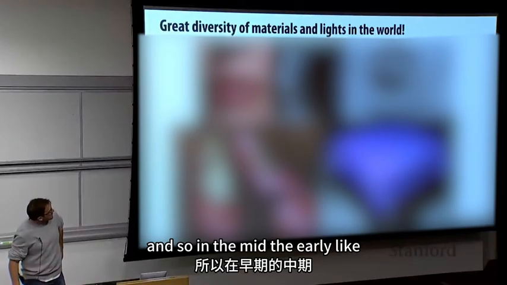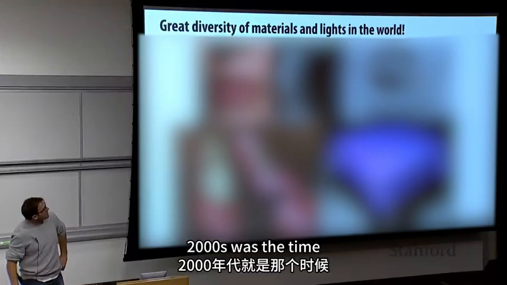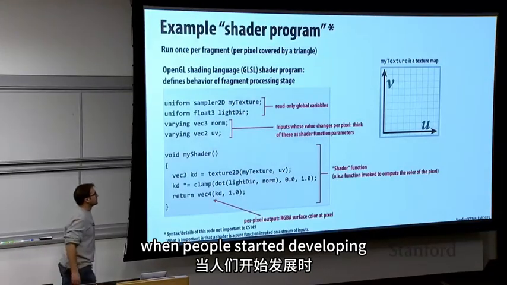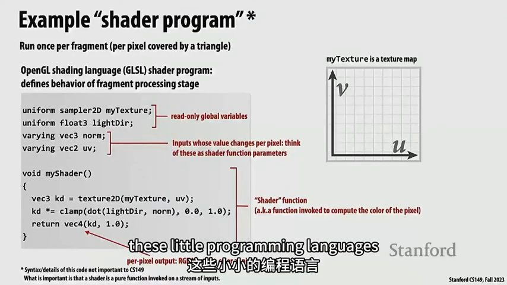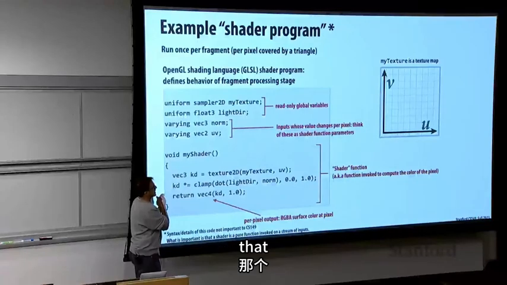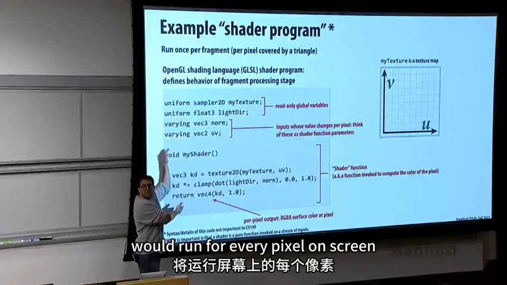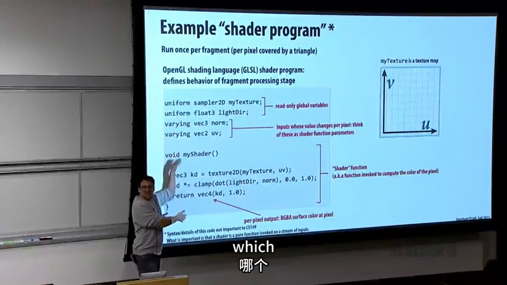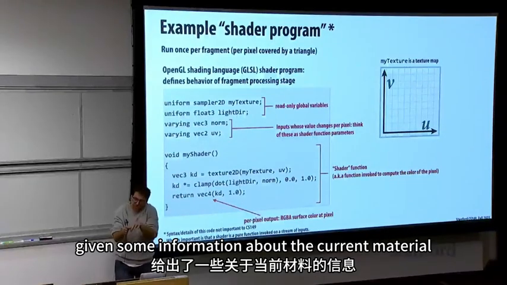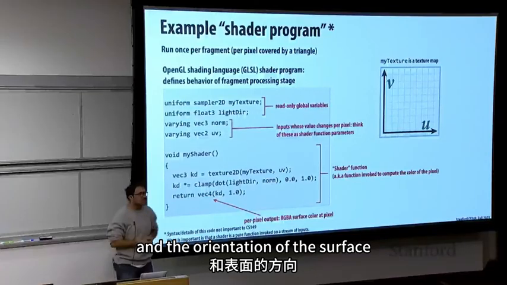And so in the early 2000s was the time when people started developing these little programming languages that will run for every pixel on screen, given some information about the current material and the orientation of the surface.